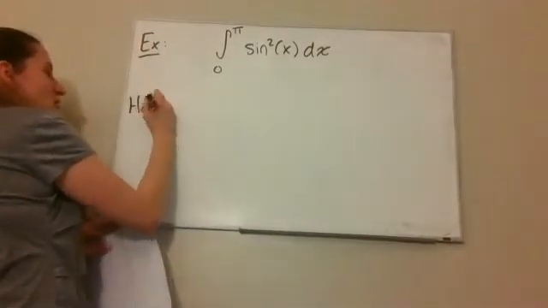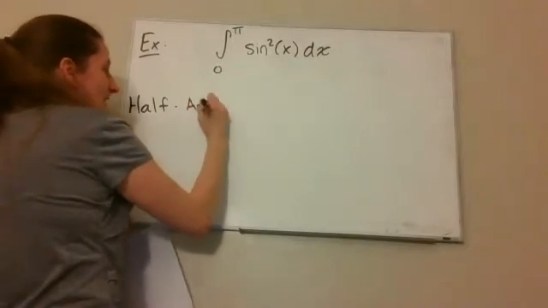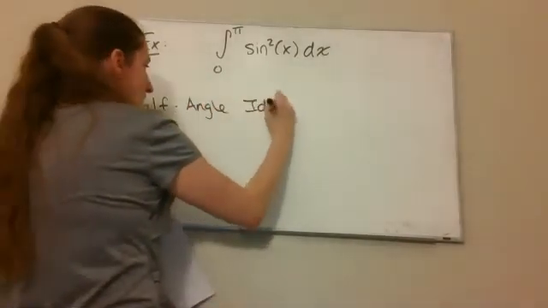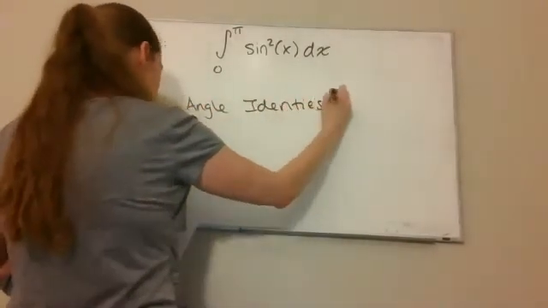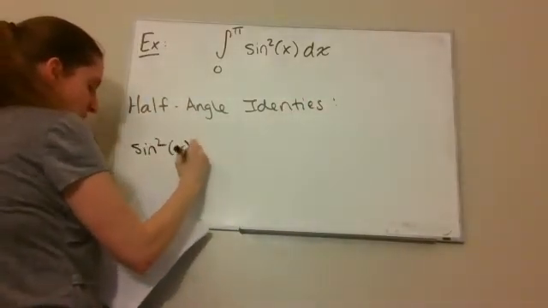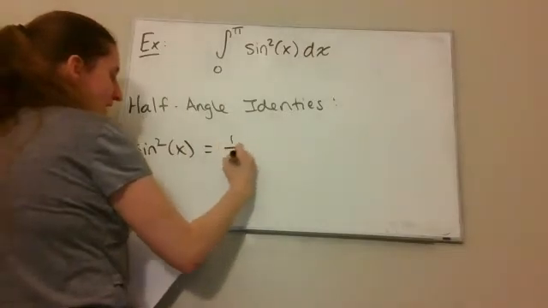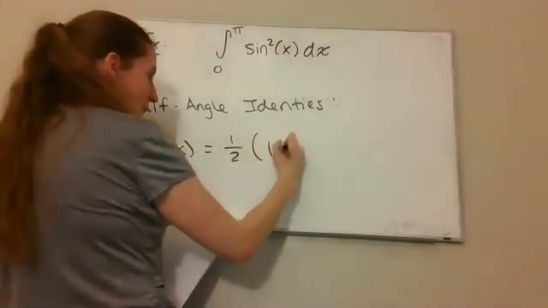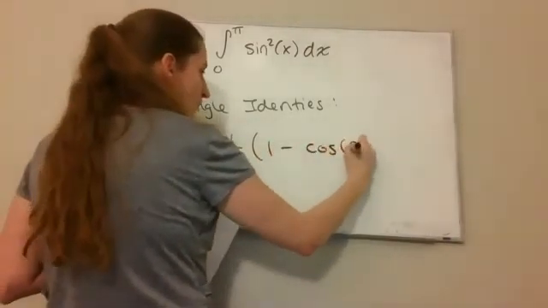Here's a refresher of some half-angle identities. Both of these come up quite a bit. Sine squared of x is equal to 1/2 times 1 minus cosine of 2x.